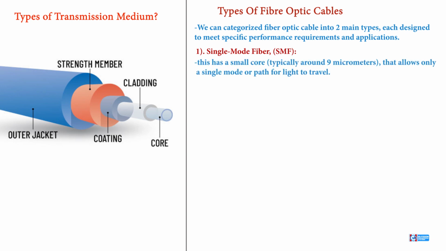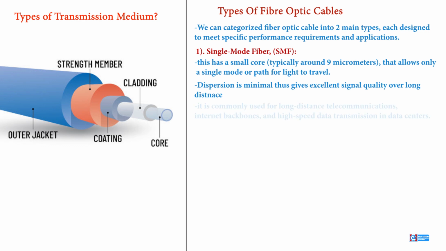This has a small core, typically around 9 micrometers, that allows only a single mode or path for light to travel. This results in minimal dispersion and excellent signal quality over long distances. Single-mode fiber is commonly used for long-distance telecommunications, internet backbones, and high-speed data transmission in data centers.